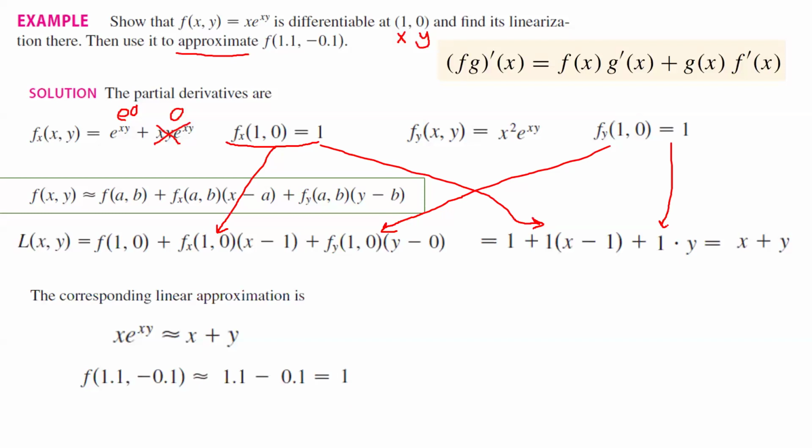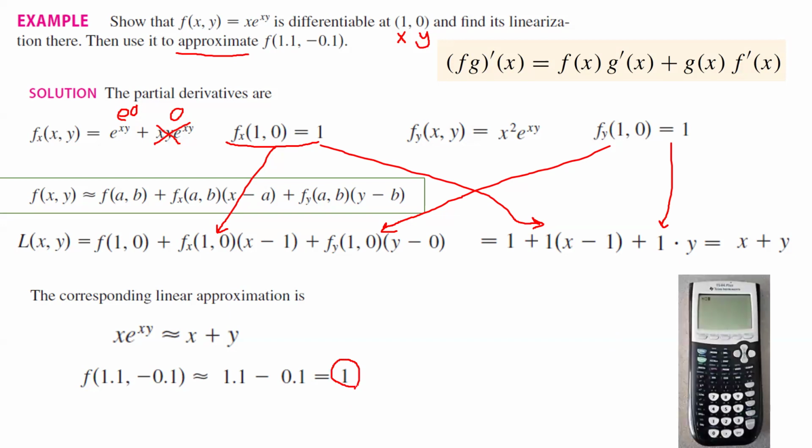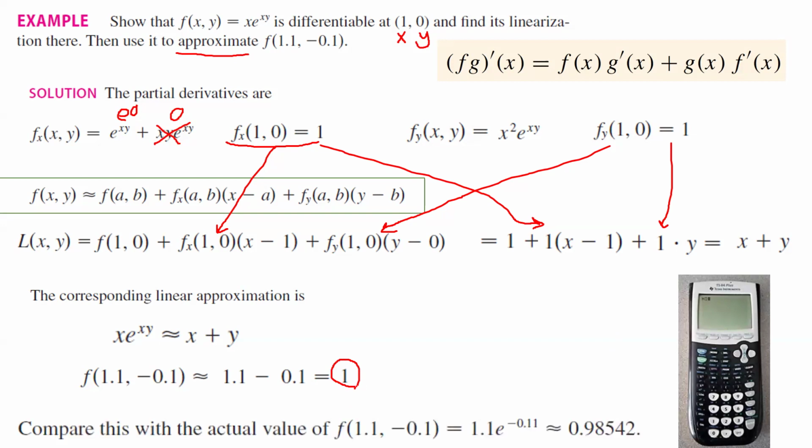This becomes 1. So this relation helps us to approximate the function nice and easy. This is the approximated z value for the function. You could use a calculator to check how close this value is to the actual z value. If you use your calculator and evaluate the function x e to the power xy, you see it is 0.98.